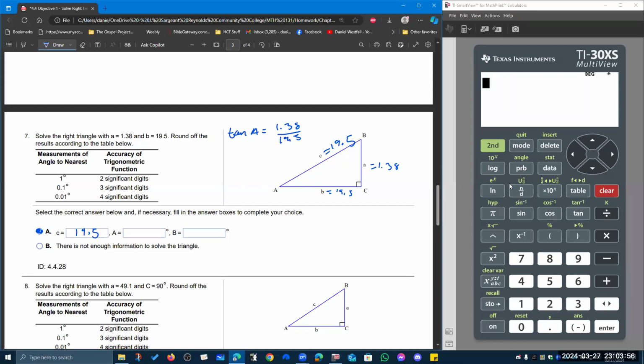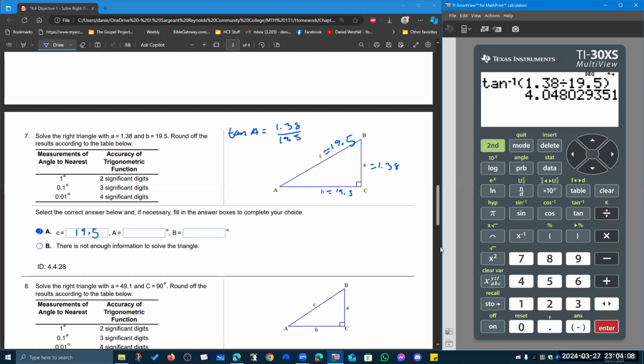So A is arctangent of 1.38 divided by 19.5. Going to go with nearest tenth, which is 4.0 degrees.